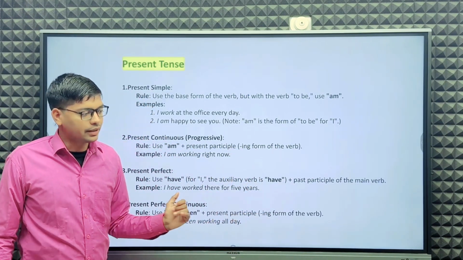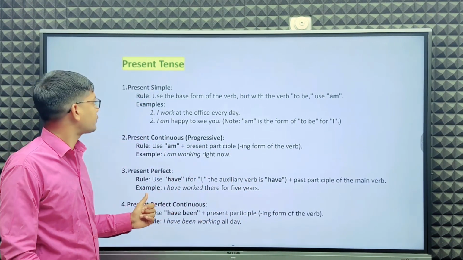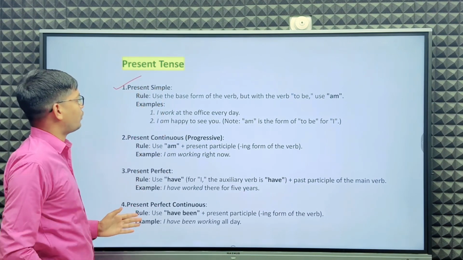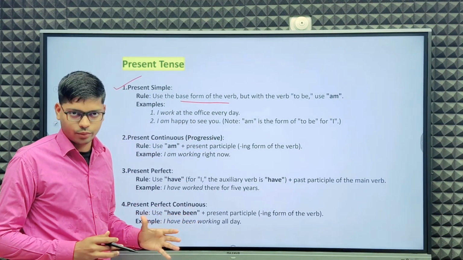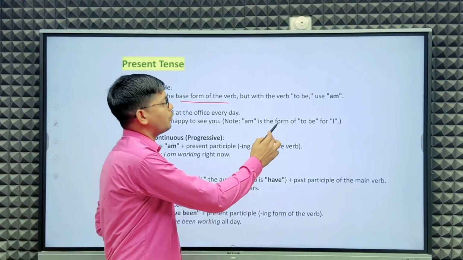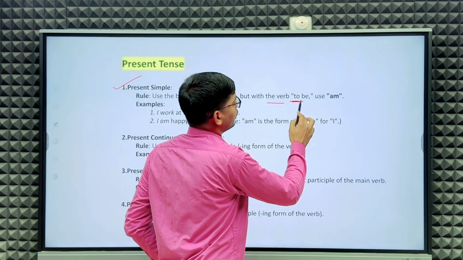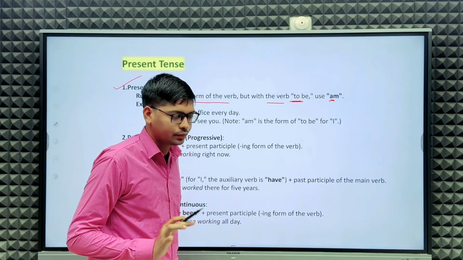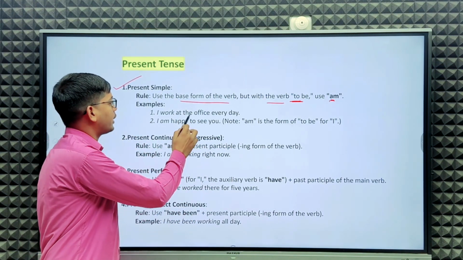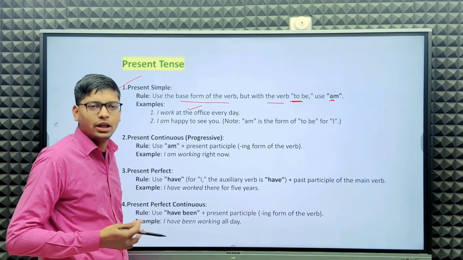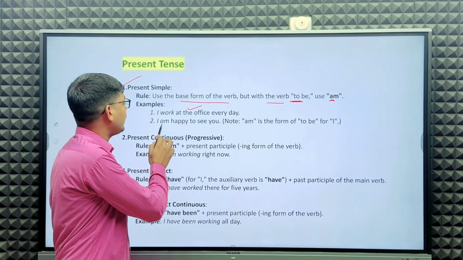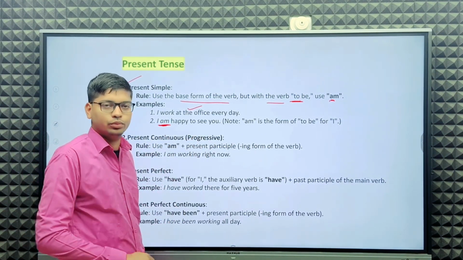Present simple tense rule: use the base form of the verb, and with the verb to be, use "am". Example: I work at the office every day, but I am happy to see you.